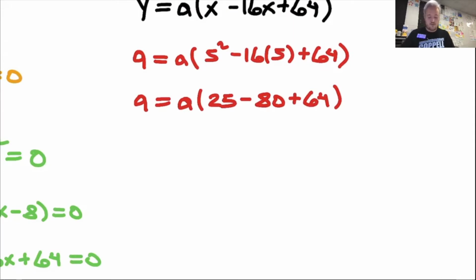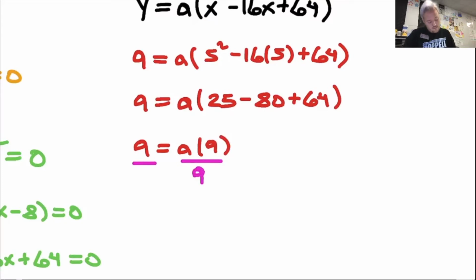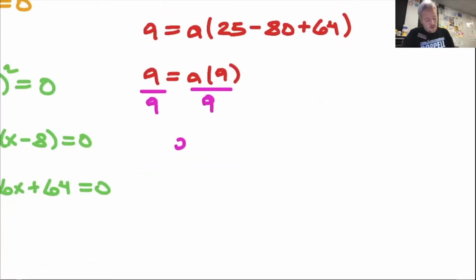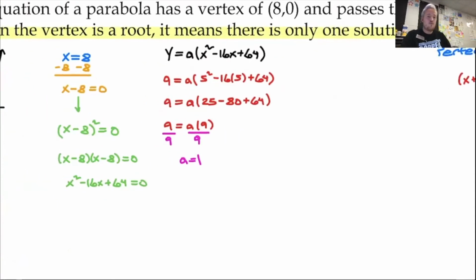Just going to double check myself because math is always hard. Yep. When I divide by 9 on both sides, we're going to have an a value of 1. Whenever you have an a value of 1, what that tells you is it's literally just going to be your original equation from up here.